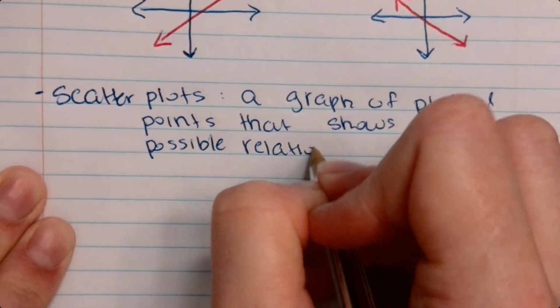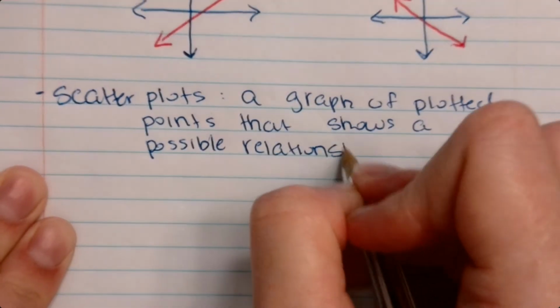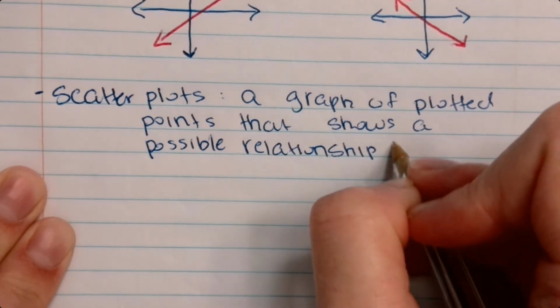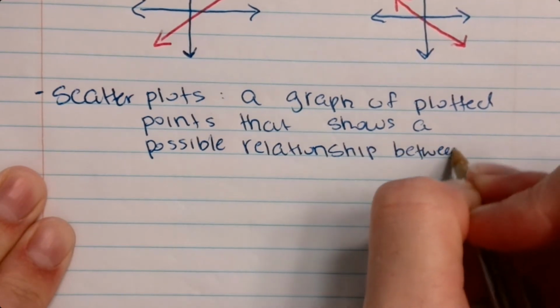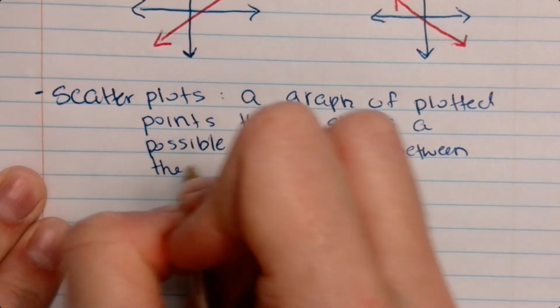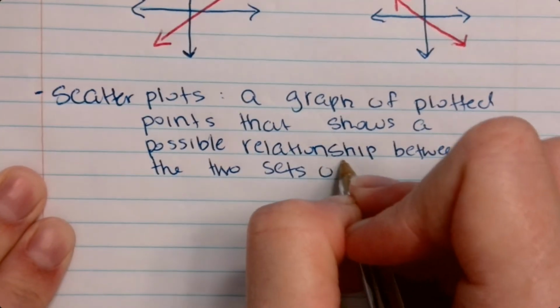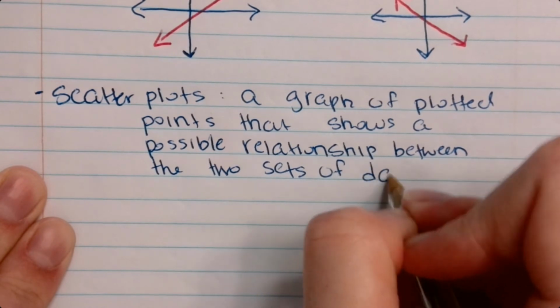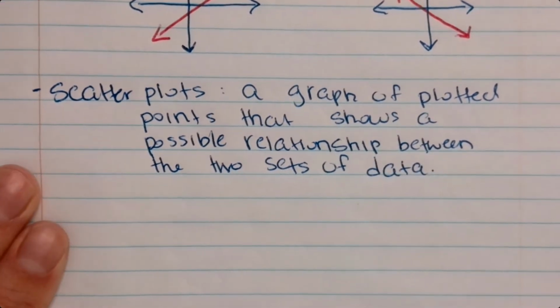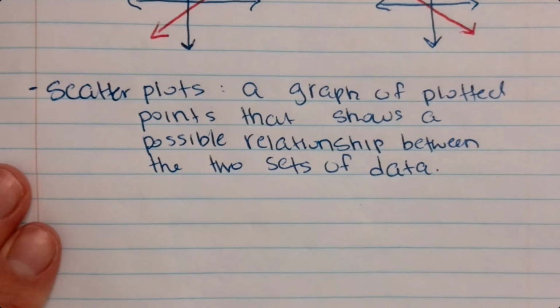A graph of plotted points that shows a possible relationship between two sets of data. All right, so that is what a scatter plot is.